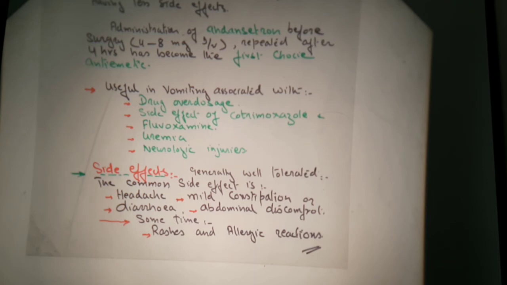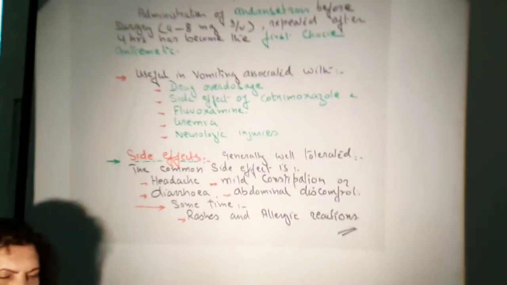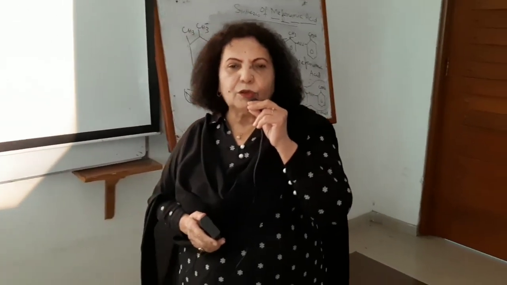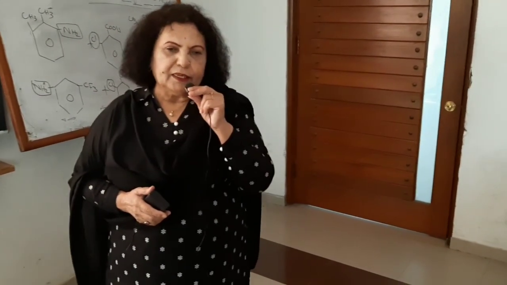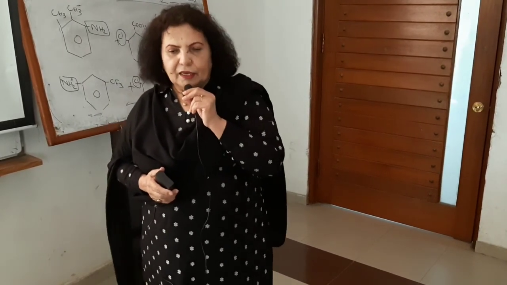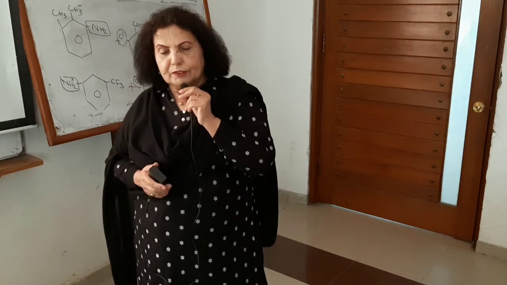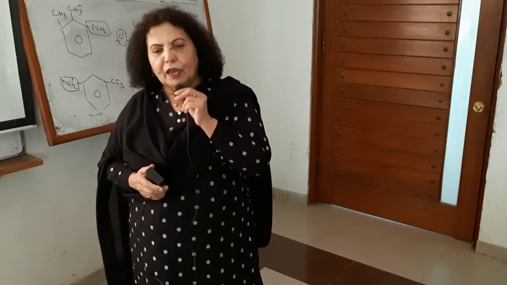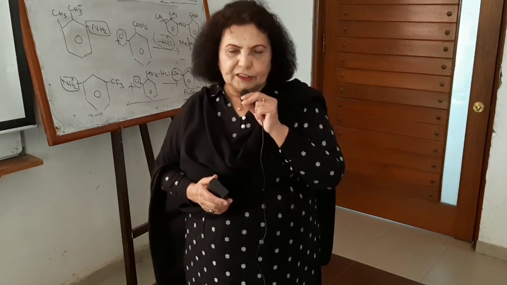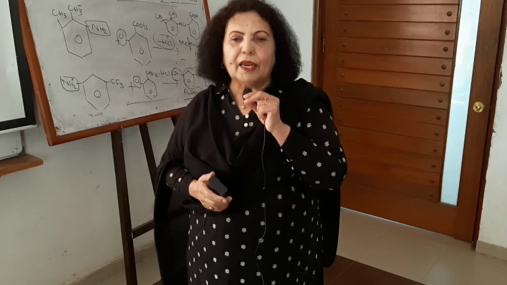So that's all about emetics and antiemetics. I hope you were able to follow today's lecture, that is, how the process of emesis takes place and what the importance of the process of emesis is. If emesis or vomiting takes place, we have to control that process, and that is the use of anti-vomiting drugs, or antiemetics.